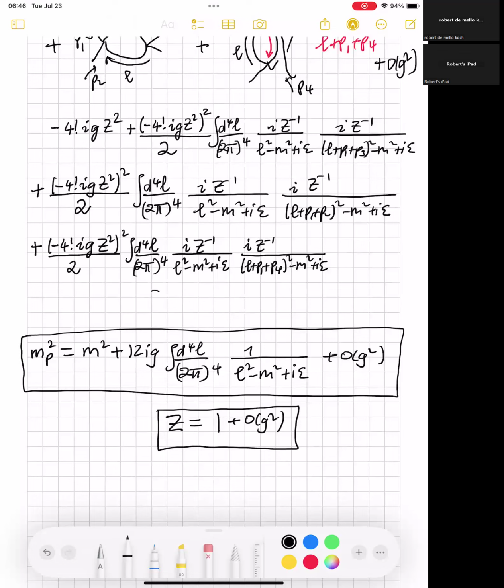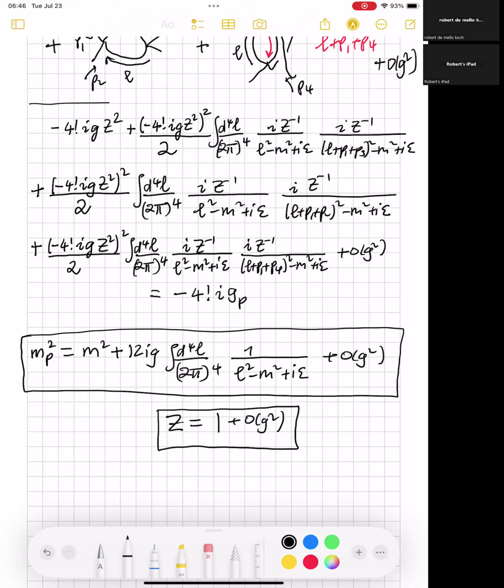We'll put it over here. Minus 4 i g minus 4 factorial, minus 4 factorial i times the physical coupling g_P, and this is plus order g squared.